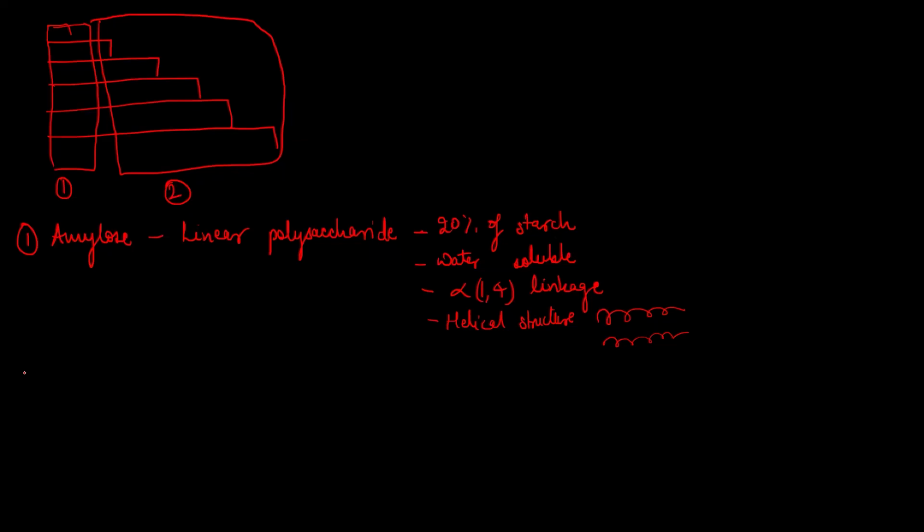Now, the branched part, or the second part, is amylopectin. It is branched, and we can see it has branchings. It constitutes 80 to 90% of the starch.